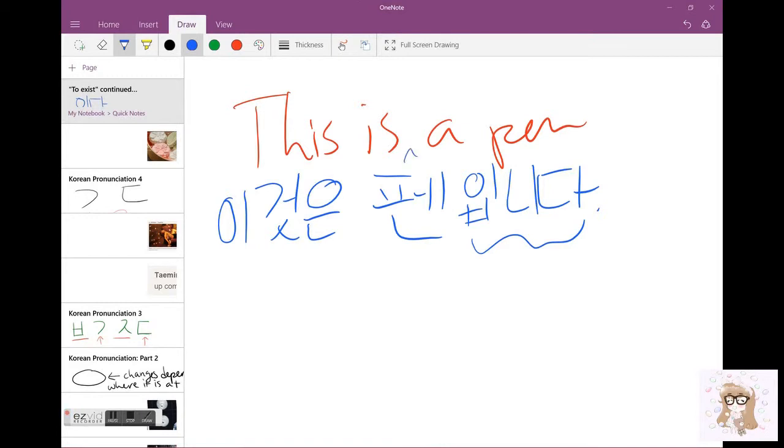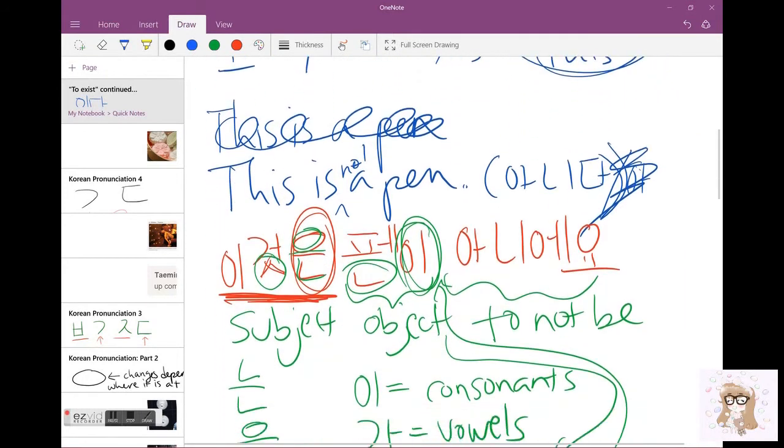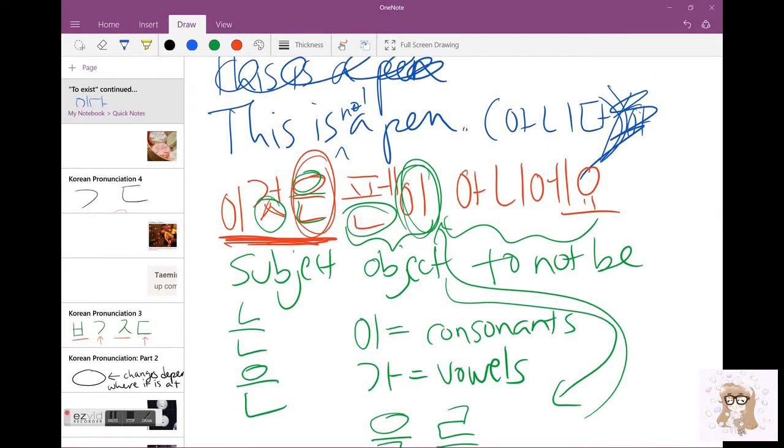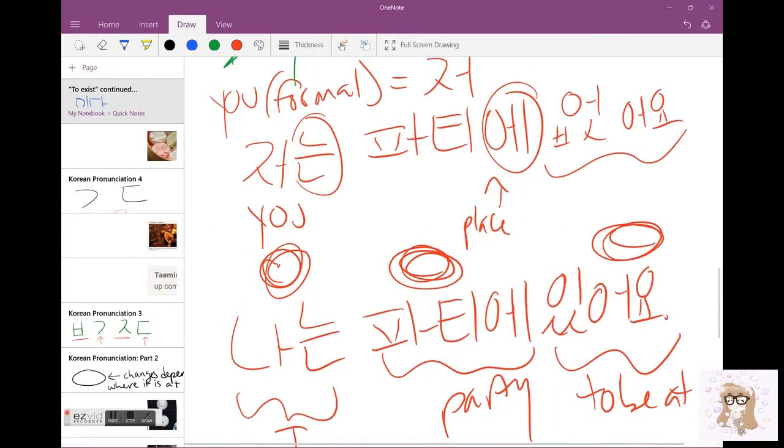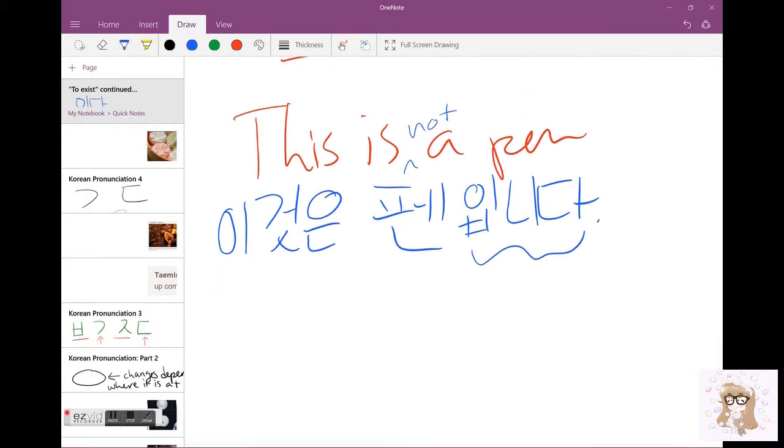I think I probably translated this wrong. This is not a pen. I can't think. Okay, yeah, this is just the formal version of the first example I gave. So 이것은 펜입니다. Correct?